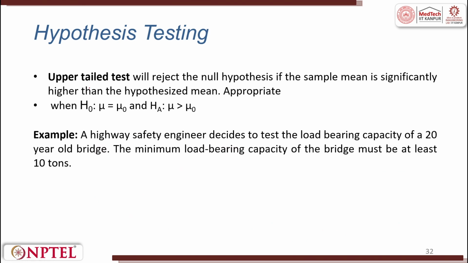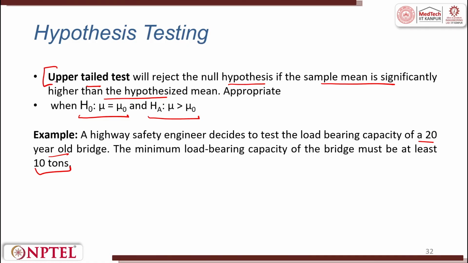Then we have upper tail test, which will reject the null hypothesis if the sample mean is significantly higher than the hypothesized mean. Here H naught would be mu is equal to mu naught and H alternative would be mu greater than mu naught. A highway safety engineer decides to test the load bearing capacity of a 20-year-old bridge. The minimum load bearing capacity of the bridge must be at least 10 tons. You see the design of the two examples which I am taking.